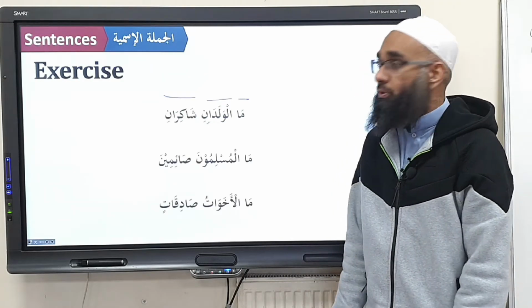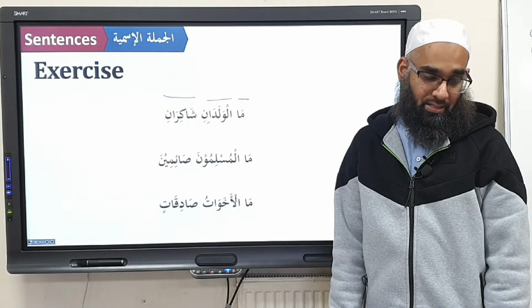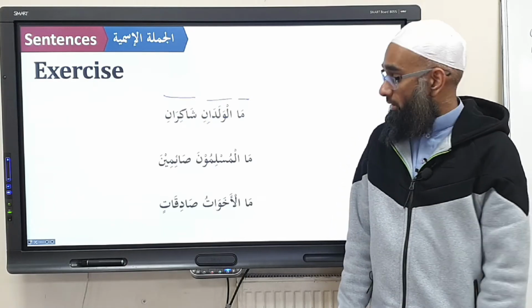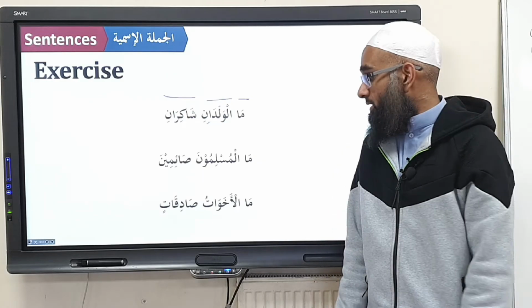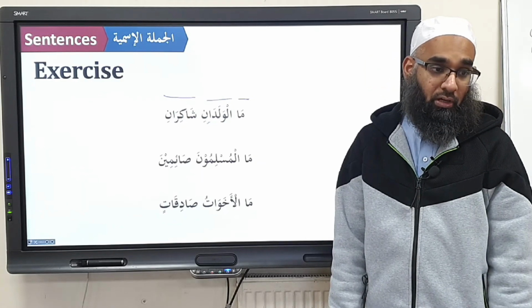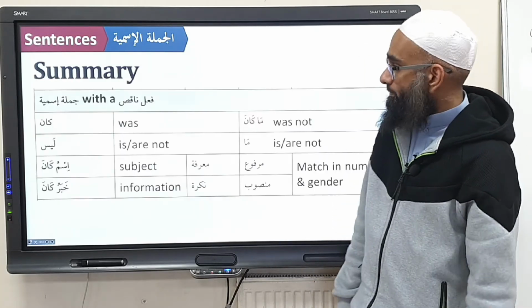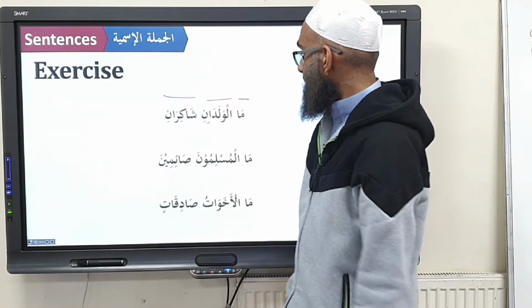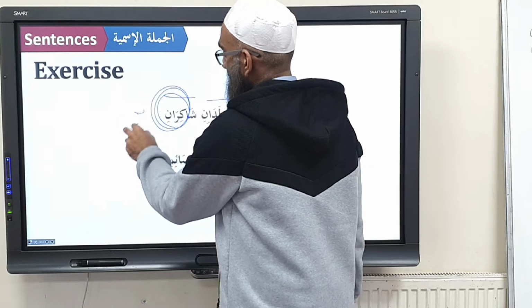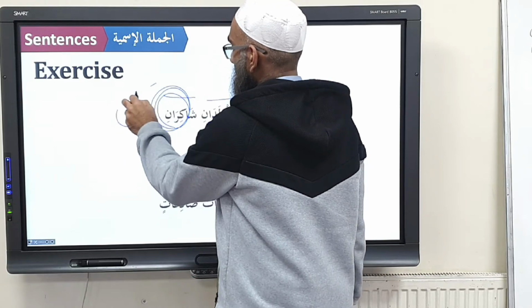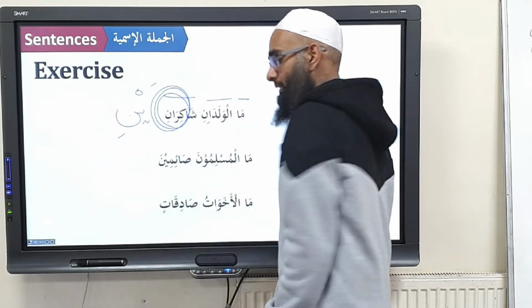Mal akhawatu sadiqatin. Ikhwa is brothers; this is akhawat, ukhtun, akhawat. The sisters are not truthful. For the top example on the last slide, there's a mistake in here. Sorry, my mistake. It's mal waladani shakiraini. That's a typo.